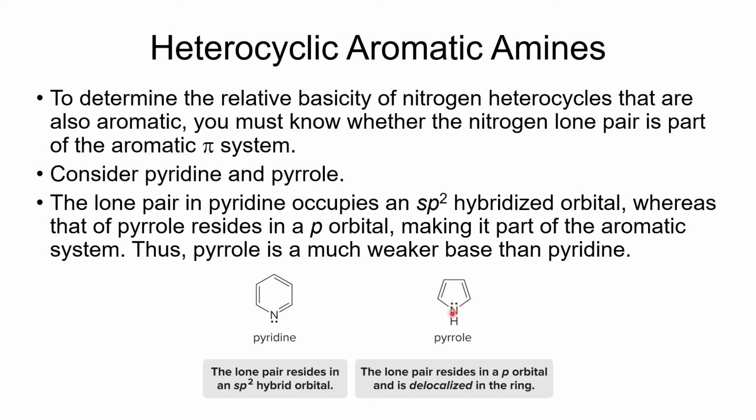Since, if we do resonance structures with a lone pair of electrons, that means that lone pair is in a p orbital, that pair of electrons is not very available to act as a base. So pyrrole is much, much less basic than pyridine. And I'll show you how much less basic it is here in just a few minutes.